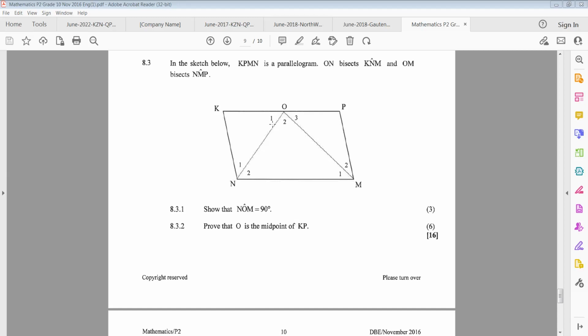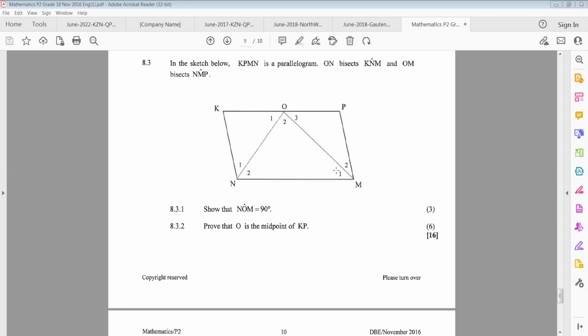In other words, here is X, and there is also X. Therefore, triangle KNO is an isosceles triangle, because opposite angles equal sides. In other words, this angle here is equal to that side. Therefore, KN is equal to KO.